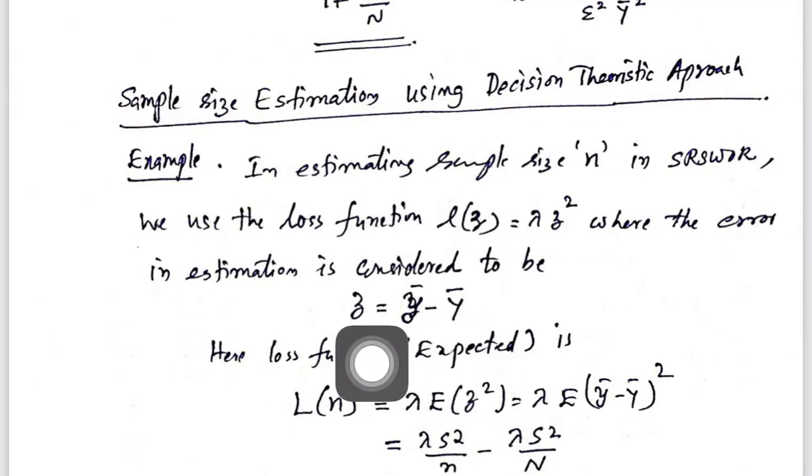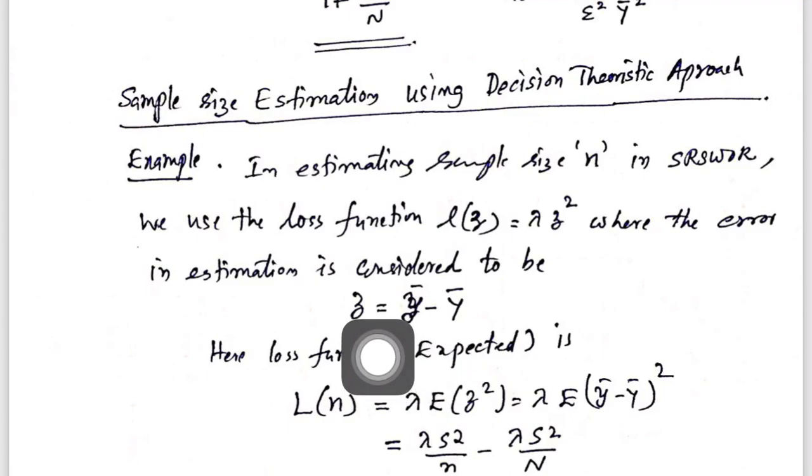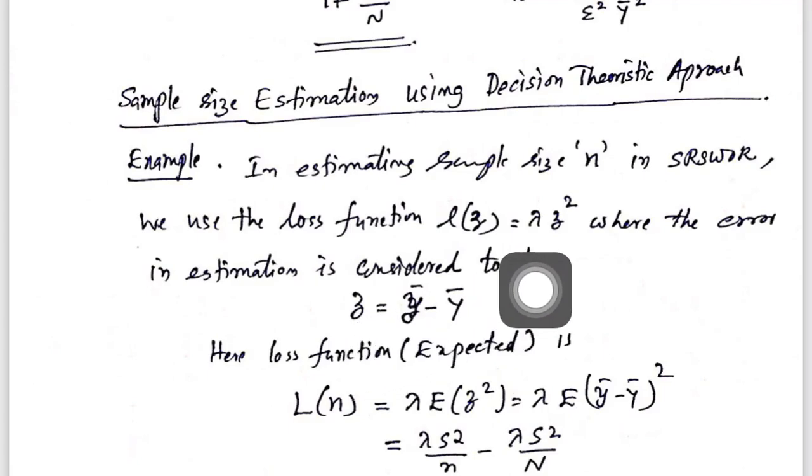Definitely you know z is an error, because you are estimating population mean capital Y bar using the sample mean small y bar in simple random sampling without replacement. So naturally this difference is of course an error. Okay, and you square this error and you multiply that with a constant.